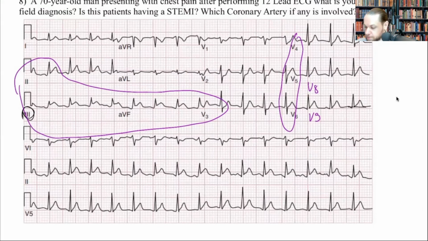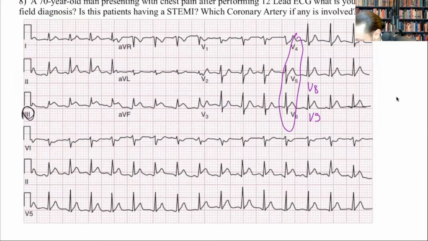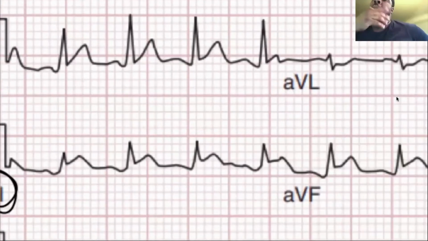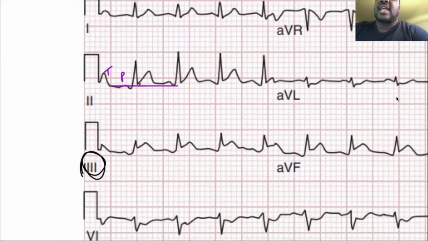Or it's clear? So you're counting lead 2 in this EKG as having elevation. Yes, correct. I didn't see it circled. I will show you. If this was my T wave, this is my P wave, I draw my T to P segment like this. And here I could see it's elevated. I was asking because I didn't see it circled.